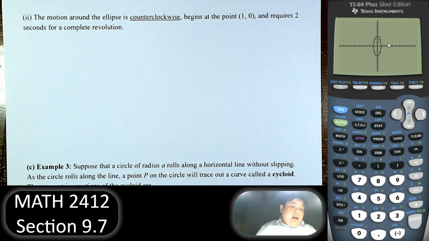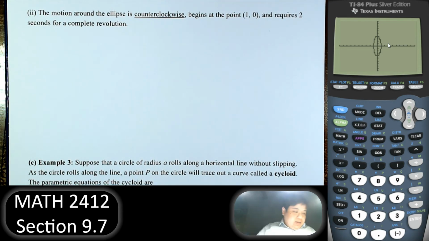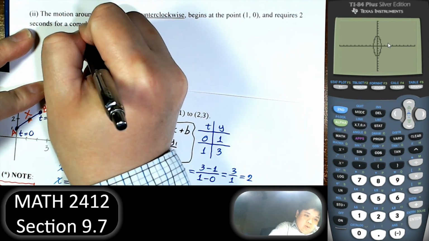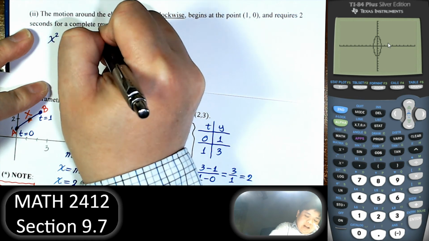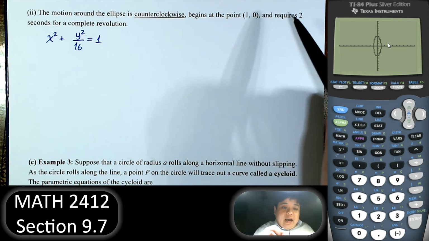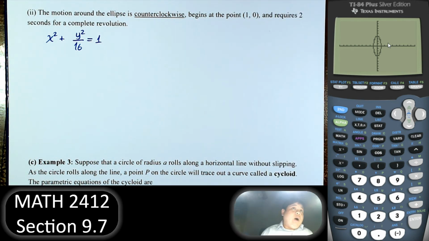Now this one, the motion of that ellipse, is still an ellipse: x squared plus y squared over 16 equals 1. We still have that. But this time it begins at (1, 0) and requires 2 seconds for one complete revolution.